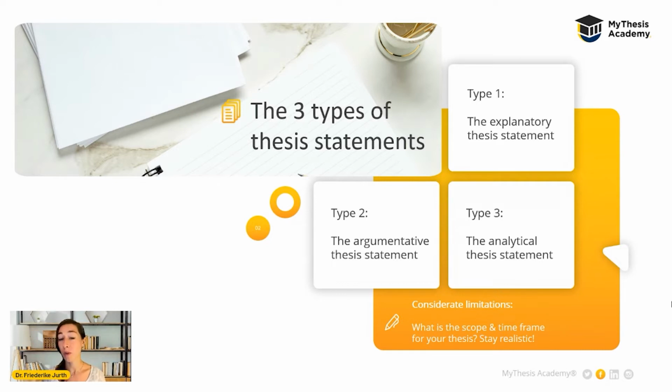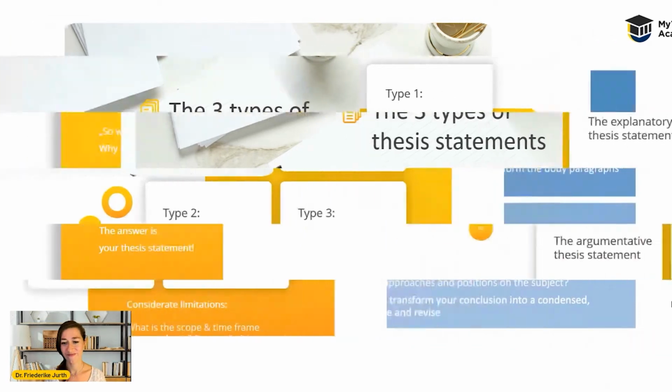This is a very popular one because it is built up with some debatable aspects and content. And then last but not least, you have the analytical thesis statement, which provides an analytical perspective and also some evaluation.